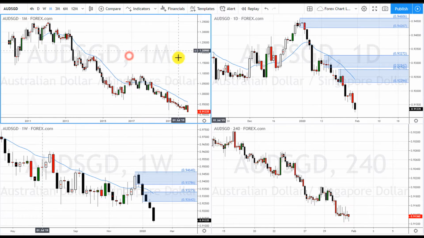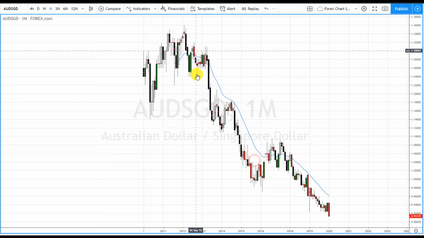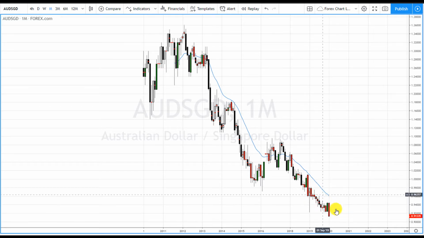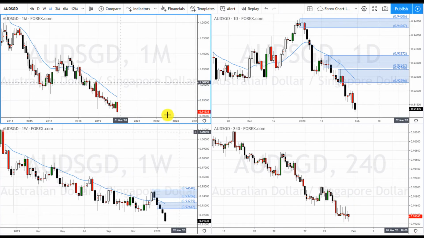As you can see on the monthly here, it's the lowest in historical data. There's nothing to the left here, so it's very low. So do you want to short down here this low?